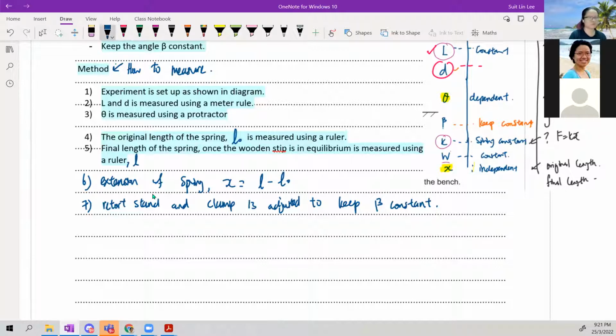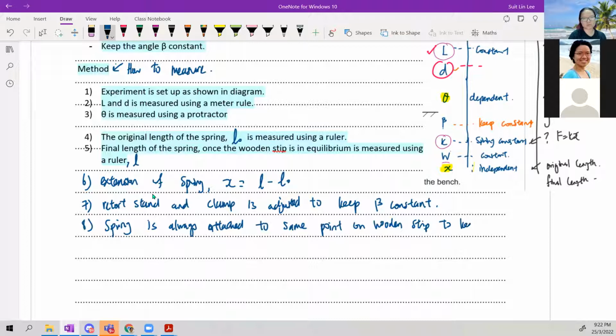So I'm just going to make sure that the spring is always attached to the same point on the wooden strip to keep D constant, because sometimes maybe they use blue tack and then the blue tack will loosen, right? Or a tape.